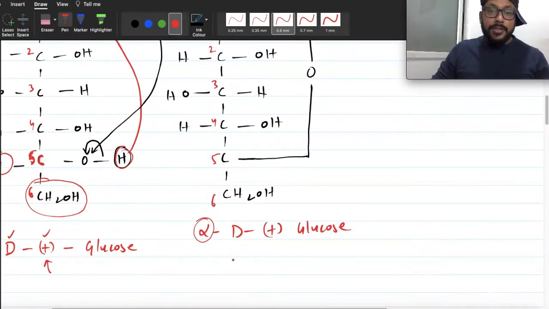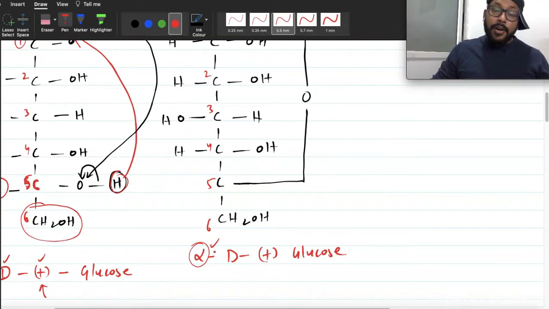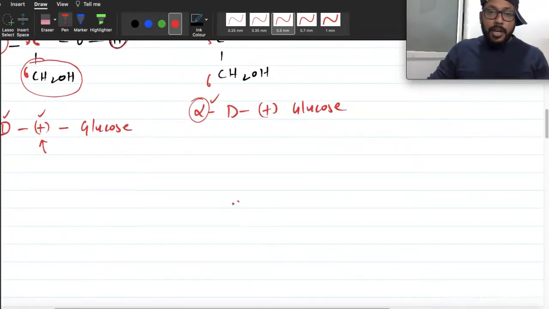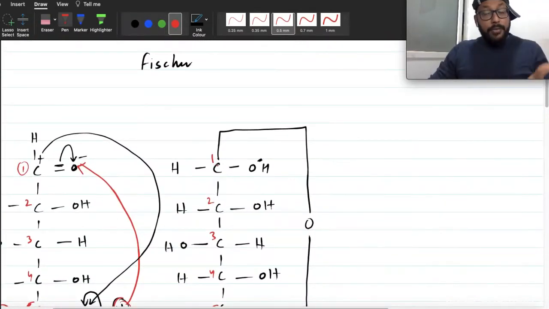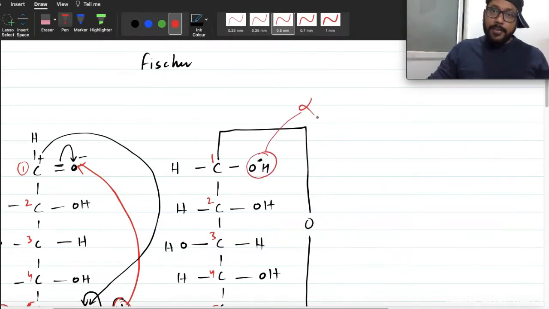All cyclic structures contain alpha or beta. Alpha refers to the C1 carbon. Please see the C1 carbon. This is your C1 carbon, which has OH at the right hand side. This represents alpha.